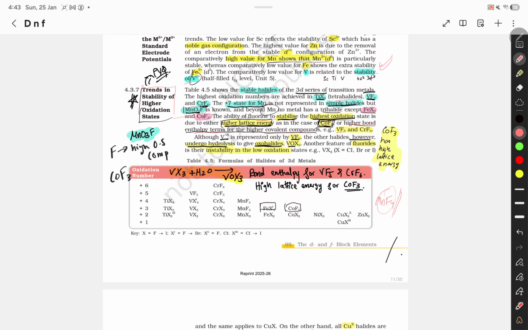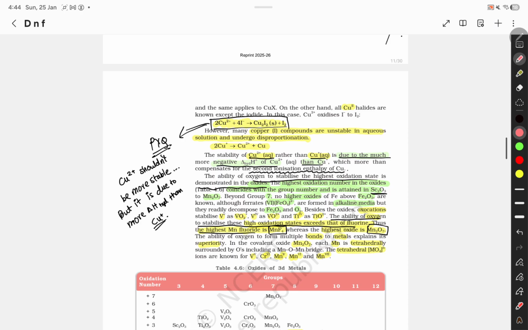Like for example, VF5, CrF6, they have very high covalent character. So hence proved, done. Covalent character is directly proportional to anion size, right? So you get the point. Basically, higher covalent compounds such as VF5, CrF6 have this.